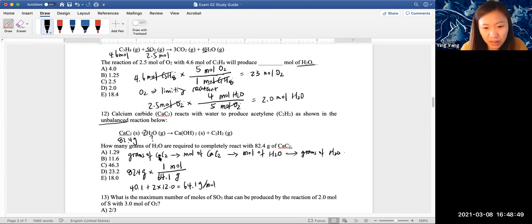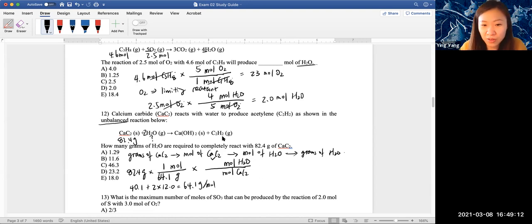Okay, now we are here. I'm going to put a check here, meaning this is what we have now. We have the moles of this. We need to find out the moles of this, right? By using this conversion factor.